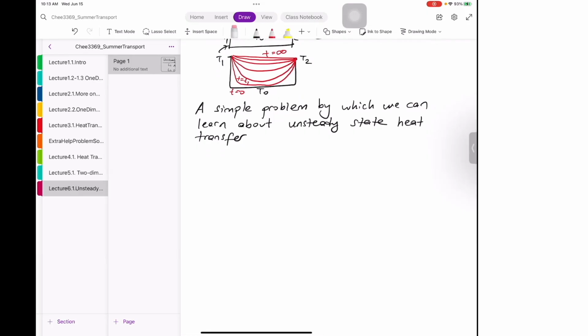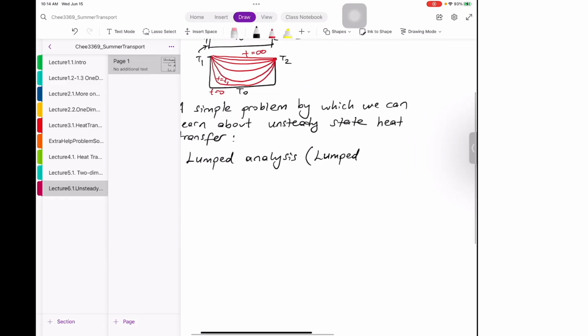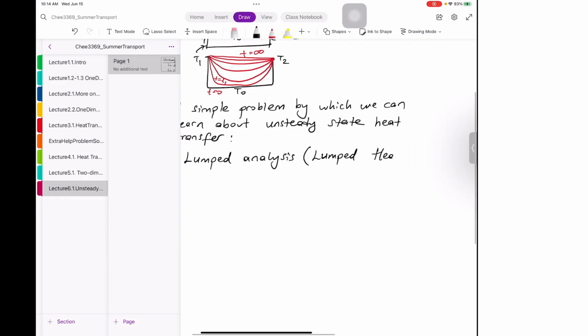This is called, I mean, the one that I'm picking up, this particular problem is lumped analysis, or lumped heat capacitance.